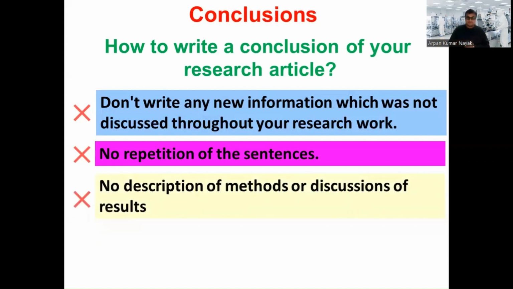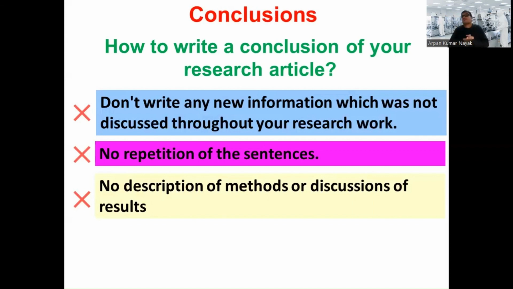Next, in the method section, you describe what the method is and how you did it completely. As I told in the abstract session, there we just write which method was used. Similarly, in this section also, no need to describe the methods. So no description is needed about the methods or the results. We discussed the results, what results we found, in the results part, and then we discuss them in the discussion part.